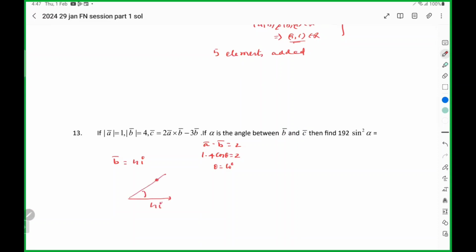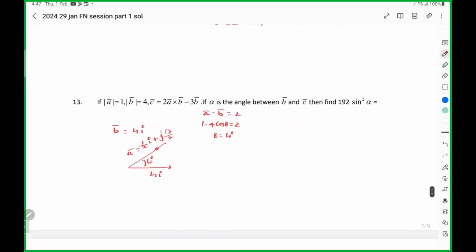Here I'll take A bar as cos 60 i plus sin 60 j, that is i by 2 plus root 3 by 2 j. So A dot B will be, how much does it become? 2. So all the conditions are satisfied.